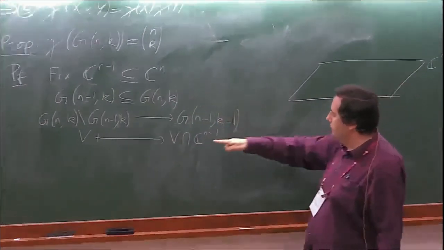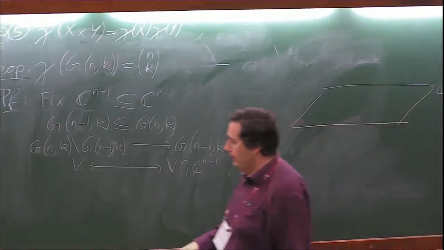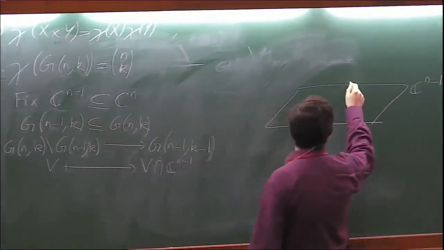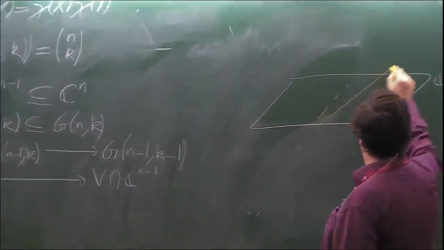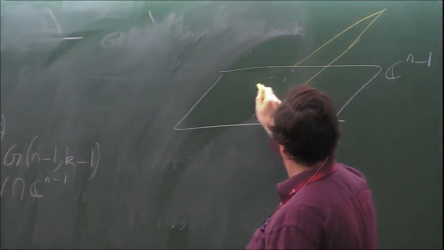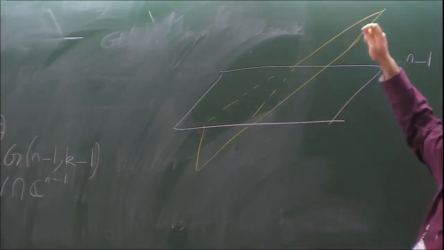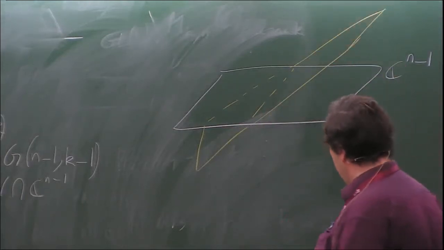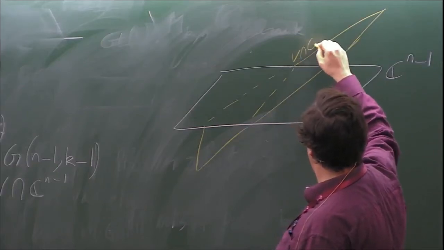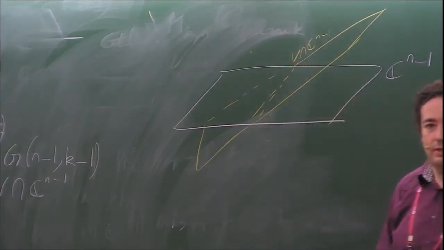So I took a V which is not included. My V looks like, I don't know, something like that. Okay, sorry. I hope that CV is another subspace, and V intersected with that is just this line, right? This is the intersection.